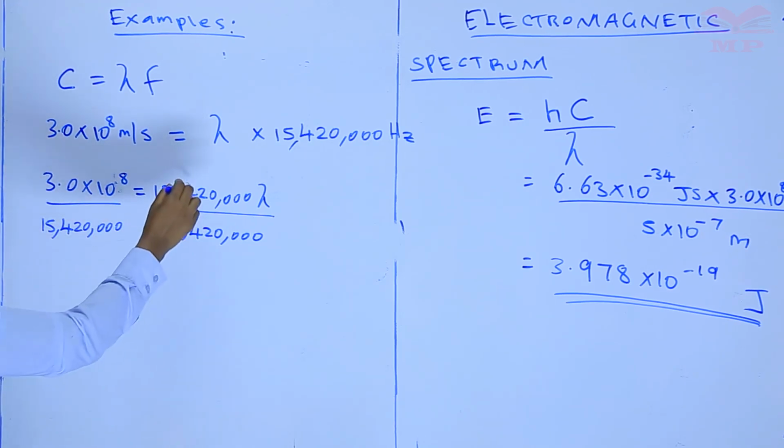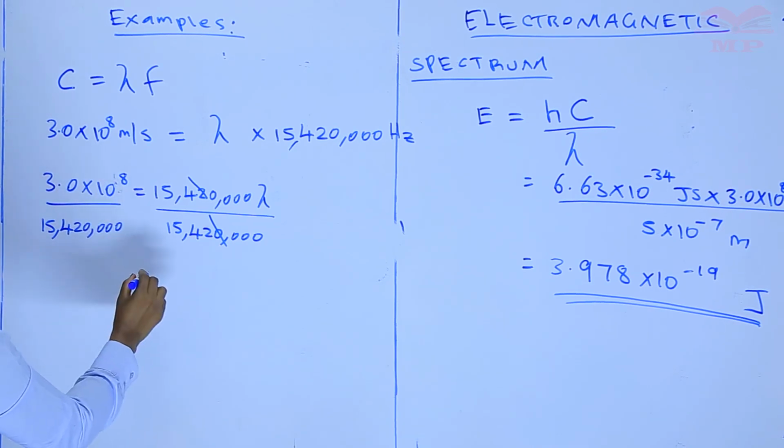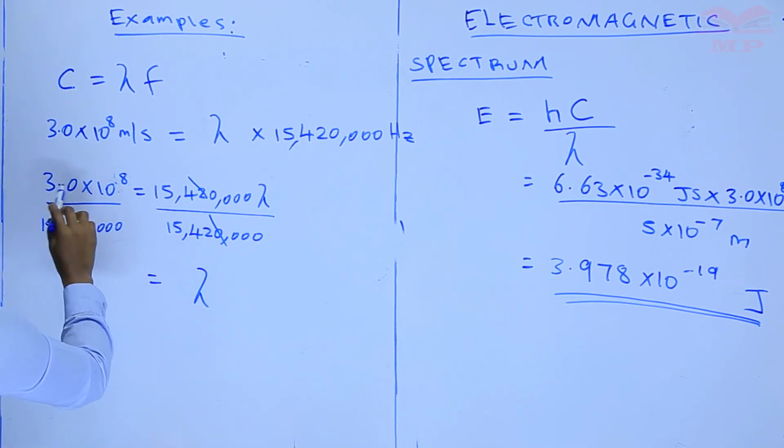Of course this and this will be 1, so it cancels. So we remain with this. So our lambda will be 3 times 10 power 8 divided by 15,420,000.